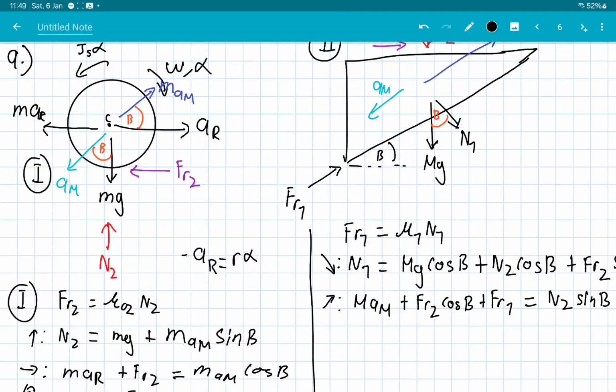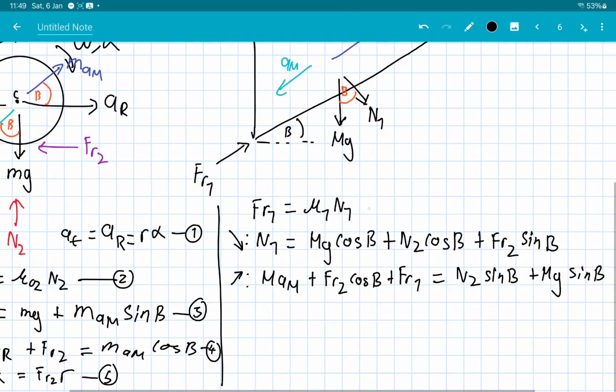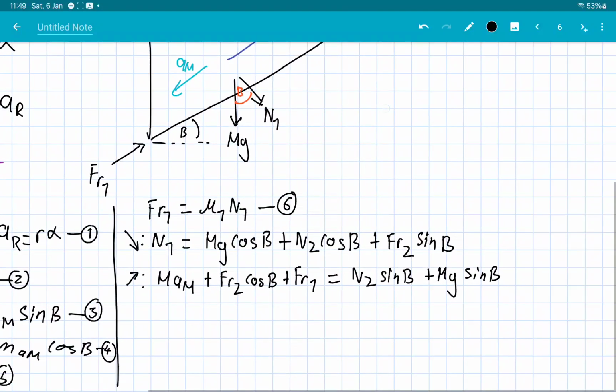So you could say your AR is equal to your tangential acceleration, which is R alpha. Therefore you now have 8 equations in total. So you have 1, 2, 3, 4, 5, 6, 7, and 8.